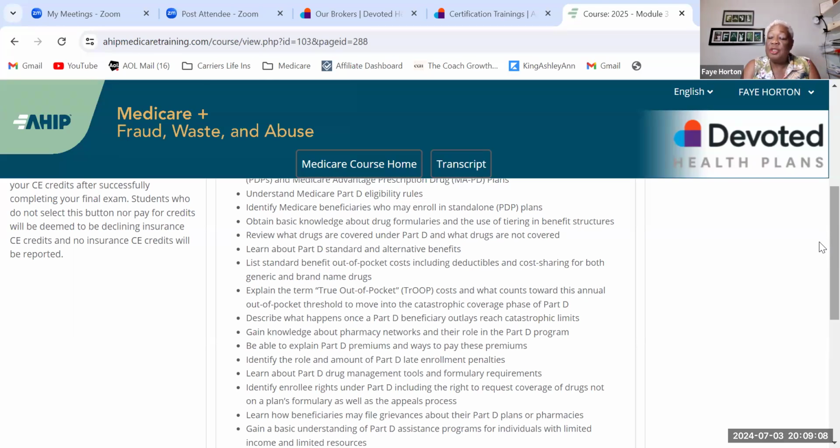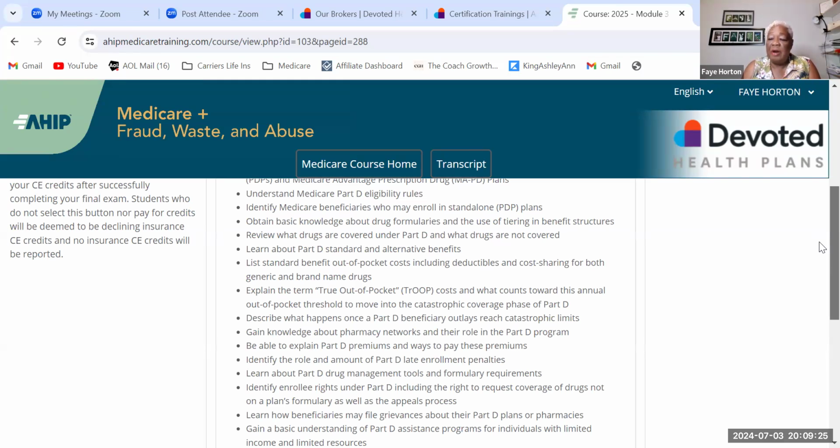We will explain the term TrOOP, true out-of-pocket costs, and what counts towards the TrOOP. We will describe what happens once the Part D beneficiary outlays reach the catastrophic limits.